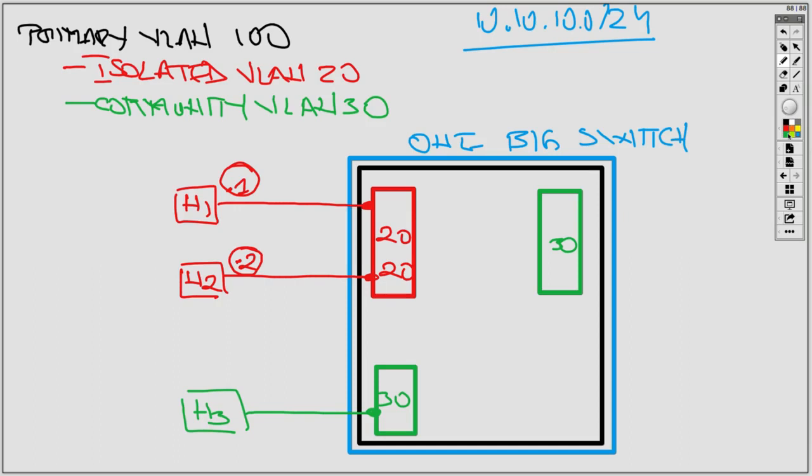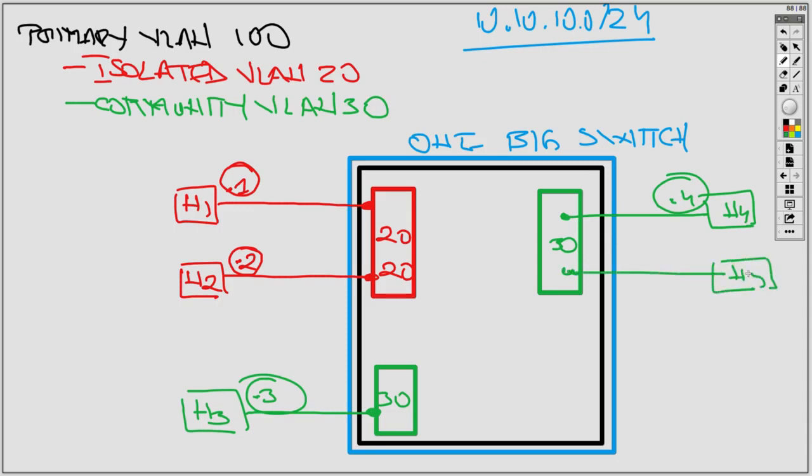And host 3 has an address of .3. And then we have host 4 here, connected to the community VLAN with .4. And we have host 5 with an address of .5.